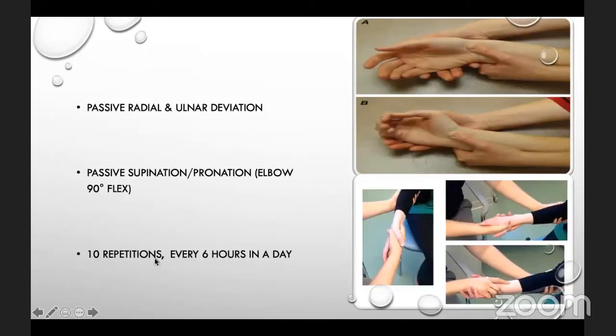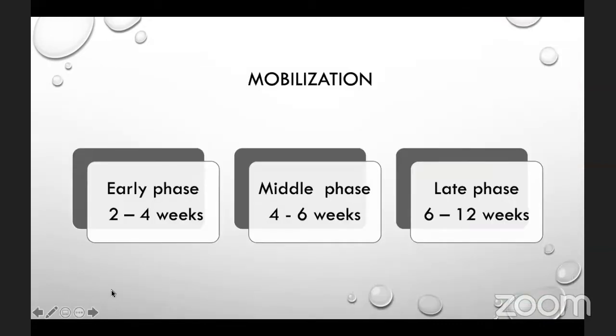You can see on the right side the radial and ulnar deviation, and on the bottom right, passive supination and pronation. Here, one thing is important, that the elbow should be in 90-degree flexion position. I taught my patient that they should do 10 repetitions of each set, and he should repeat all these exercises thrice in a day. So this was the immobilization phase.